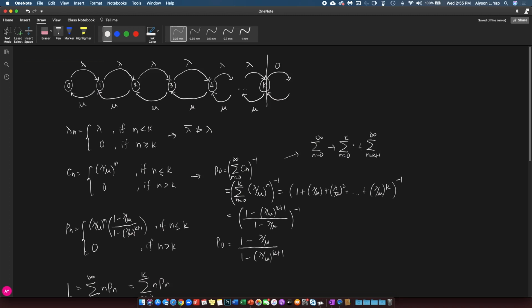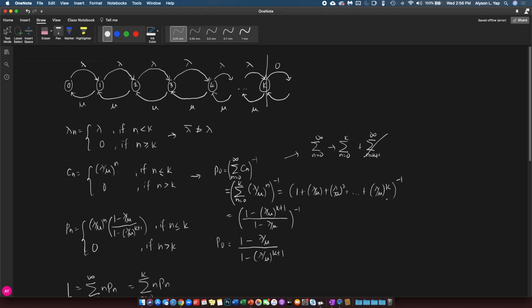But because C sub n for n equals k plus 1 to infinity is 0, therefore this is 0. So what we have here is the sum from n equals 0 to k of C sub n raised to -1. And when we expand the summation, it is just this.